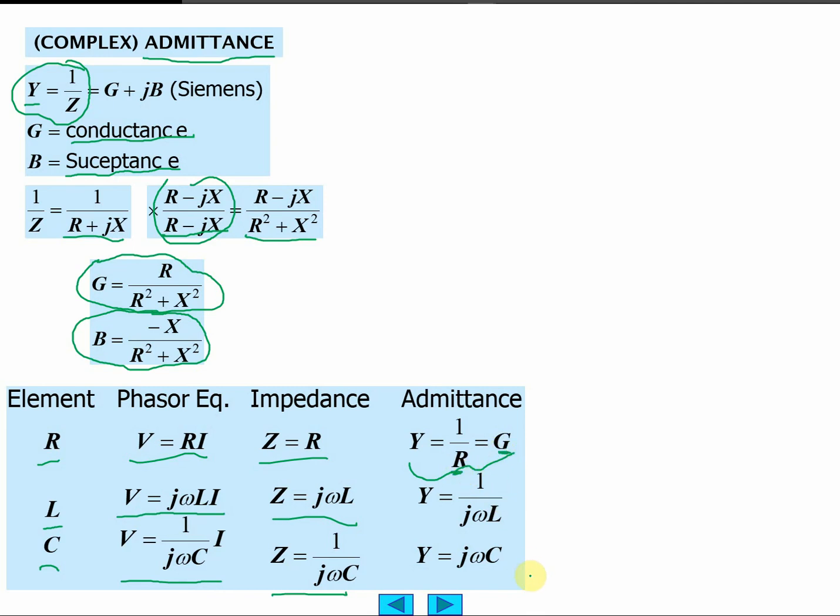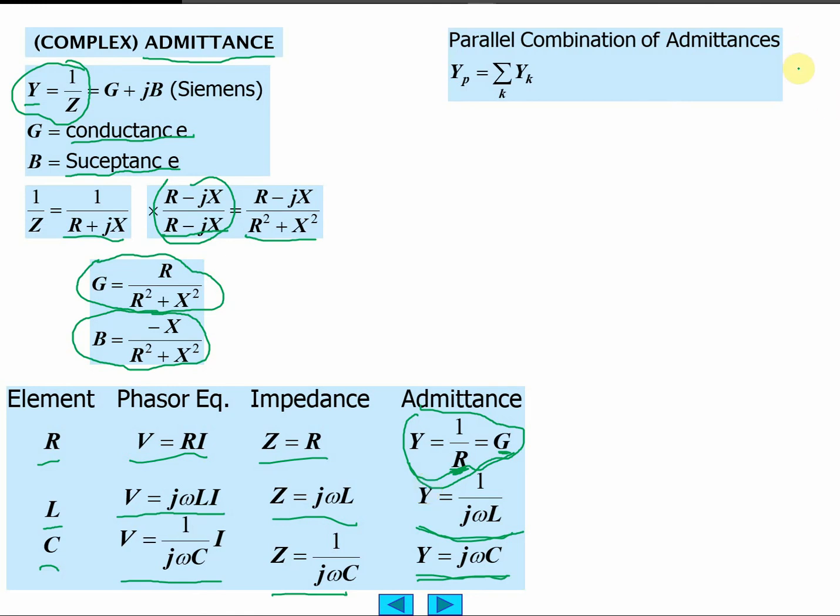The conductance is a reciprocal of resistance, as we can see from this formula. That's only if you don't have capacitors and inductors. Admittance for the inductor here, admittance for the capacitor here. This would probably be a good table to have with you on examinations.